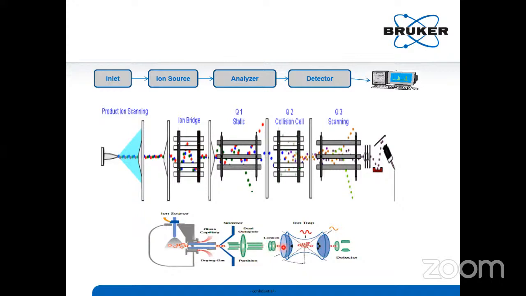Through lenses, your charged ions will enter the ion trap compartment, where within nanoseconds it will select the mass, whatever mass filter you have given, and break it into MS fragments. And through the detector, you will get the masses. Here, all these mass specs will work under vacuum with a particular nitrogen gas or argon gas, depending upon your application.